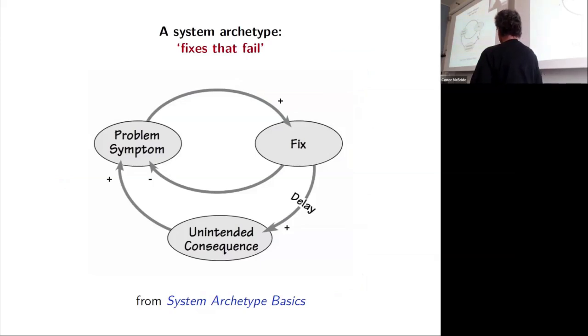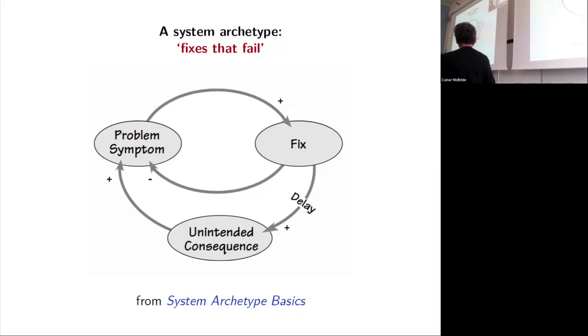And this particular one here, they call fixes that fail. So you see, it just has three entities: the symptom of the problem, a fix, but then a fix may have an unintended consequence.